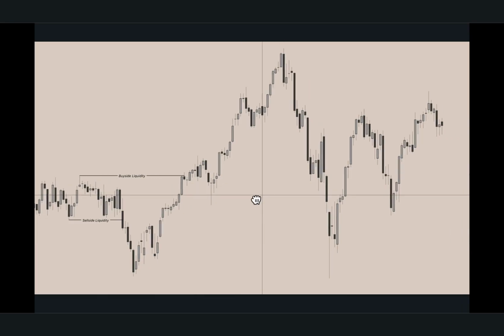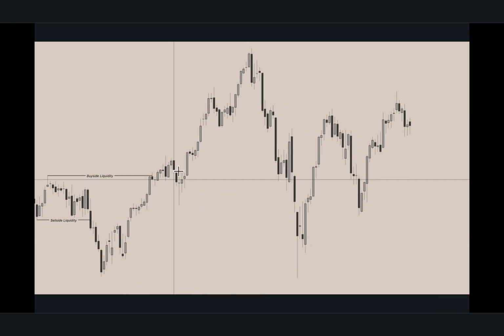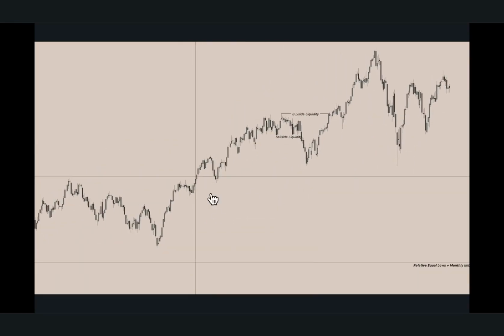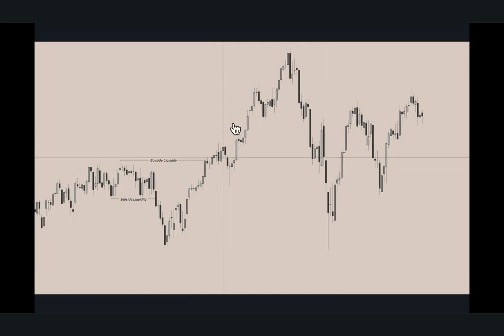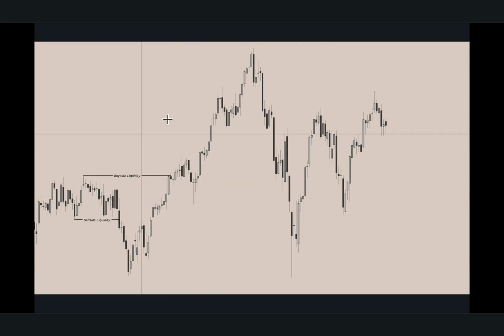And so as price begins to trade higher, what are we looking for? Well, in this case specifically, it's a special case where we're at all-time highs, so you can't really refer to any buy side liquidity. So here you'd just be looking at bullish PD arrays. Until when?